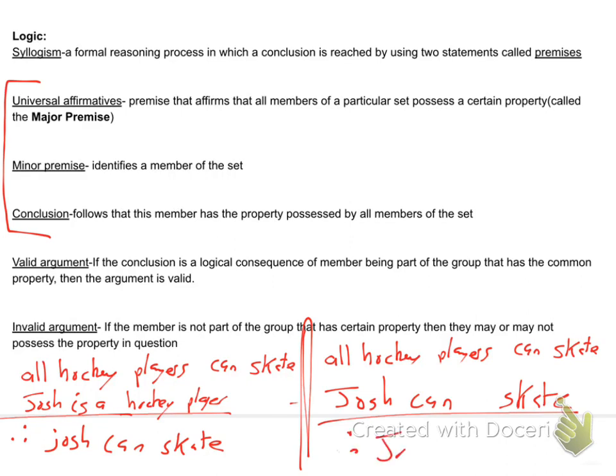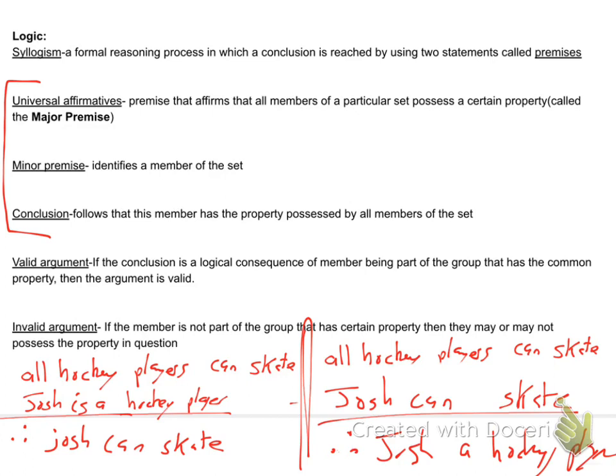Therefore, is Josh a hockey player? I'm running out of room. Is he a hockey player? Yes. No. Maybe not. Does it put Josh into the group? But he has the characteristics, so he must be a hockey player, right? No. Heck, he could be a figure skater. He could be a basketball player that just happens to know how to skate.